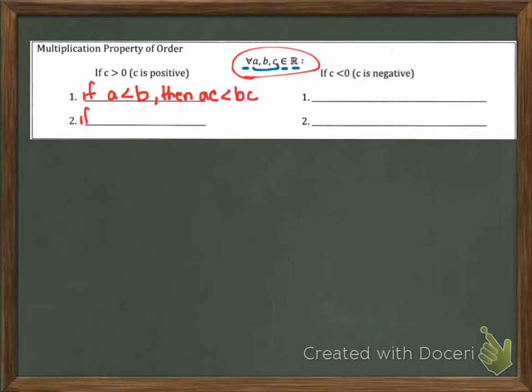If A is greater than B, then A times C is greater than B times C. So we're multiplying by the same thing on both sides, and the relationship holds true.